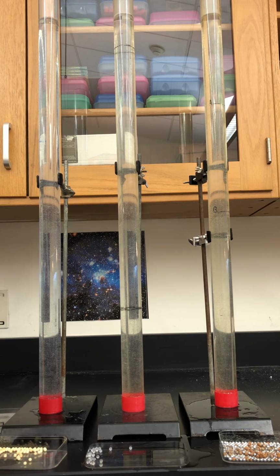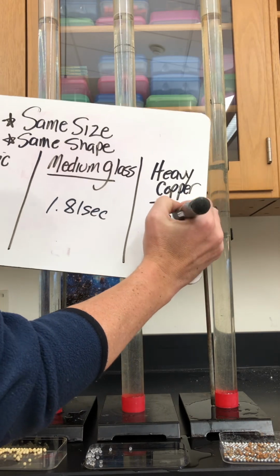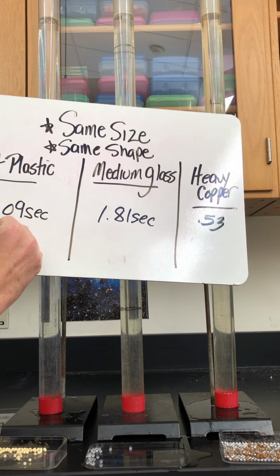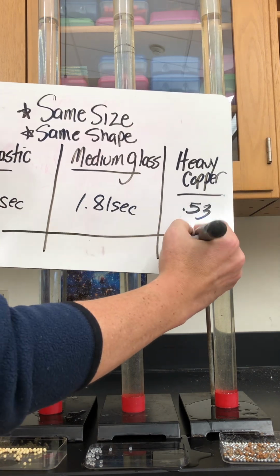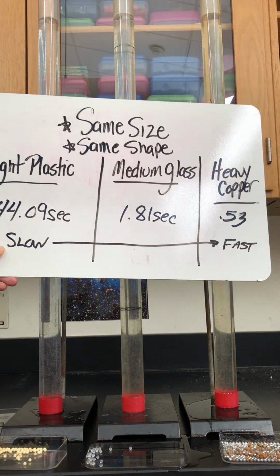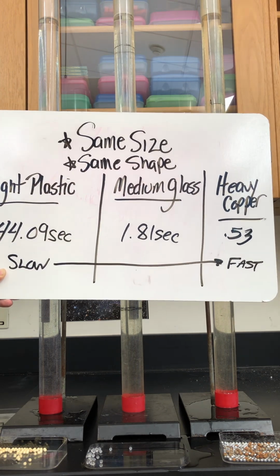So clearly you can see the slowest was the plastic, and it went to the fastest with the heavy copper. Same size, same shape, just different materials, different densities.